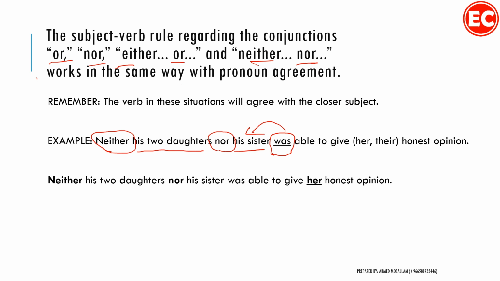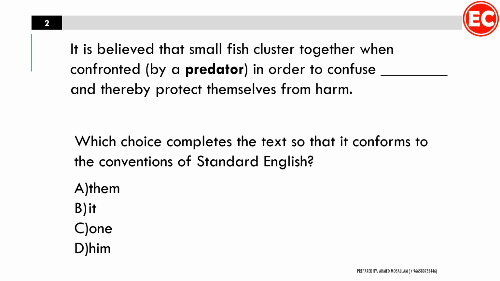And for the next case, we have what? Her, honest opinion. Now, give yourself time to think about this. Which pronoun here do we want to have a reference to which noun above? Read carefully and try to get the right answer. Pause your screen if you want, and then play again to see the answer.